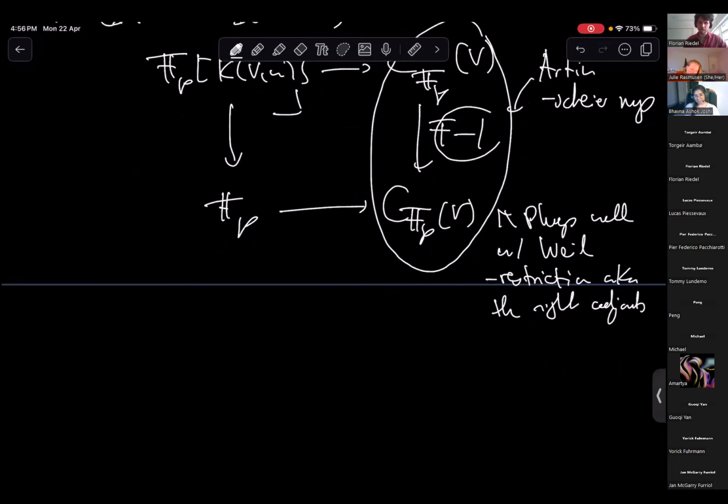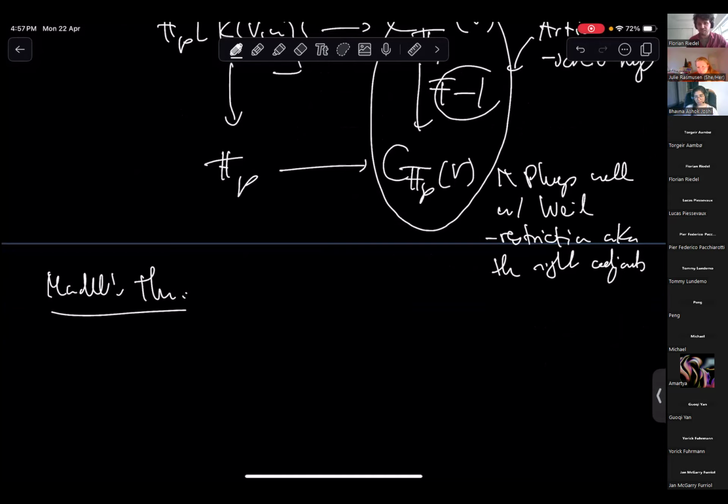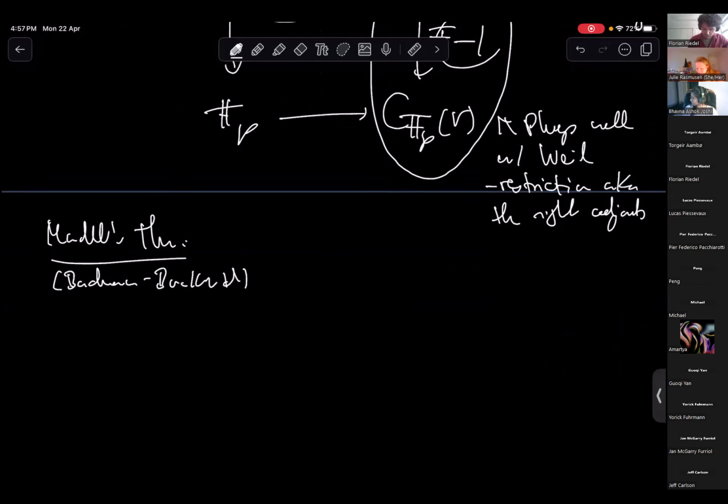So let me just say a couple of words about Mandell's theorem. Let me say it in the recent version, which is again due to Bachmann and Burklund, which is that you have a fully faithful functor.